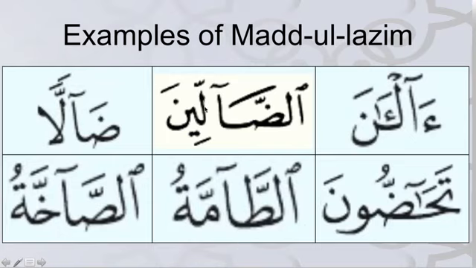Ad-dal. Lam, kasra, ya, sukoon, li. Ad-dali. Noon, fathatan. Ad-dallina. Now because of this lam mushaddad, this mad must be extended to 6 counts. Longest mad in the Quran. Ad-dallina.